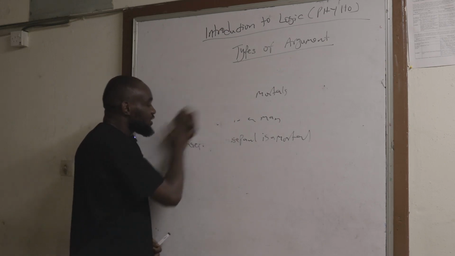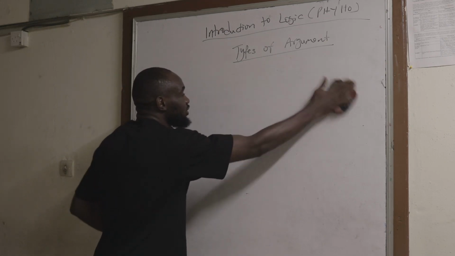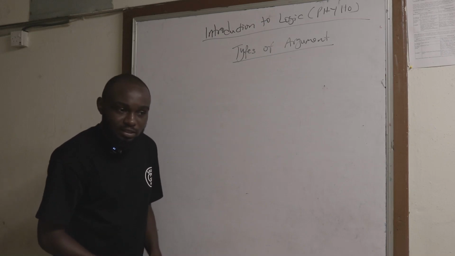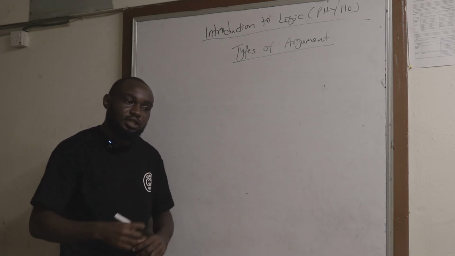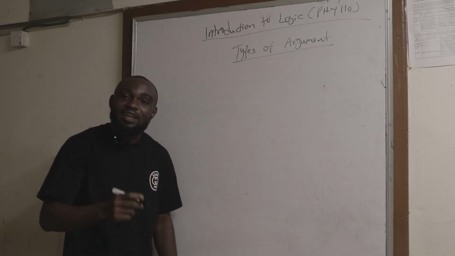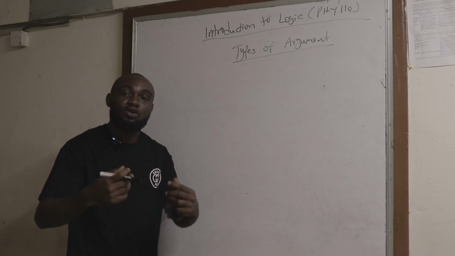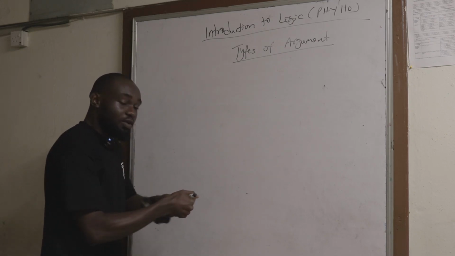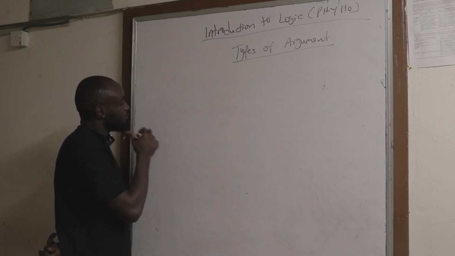So according to modern logicians, a deductive argument is an argument in which the premises of the argument provide a conclusive ground for accepting the conclusion of an argument. I'm going to write it on the board for clarity's sake.